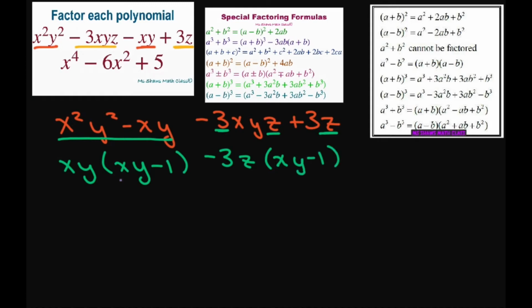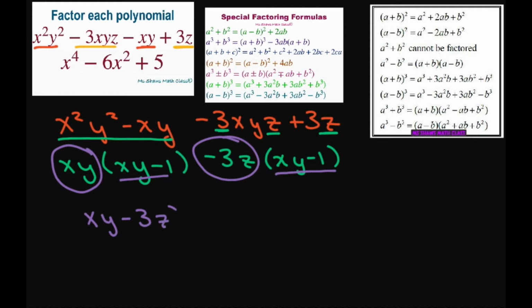Since these two quantities are the same, I can factor by grouping and put these two together. So I can write this as xy minus 3z times xy minus 1.